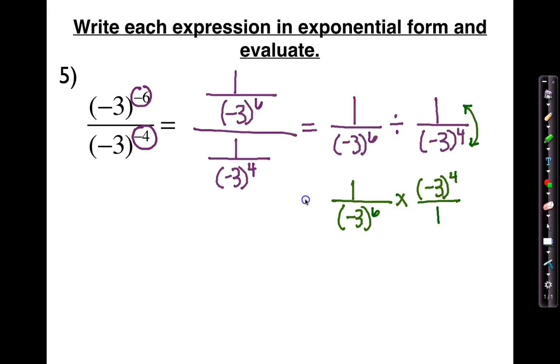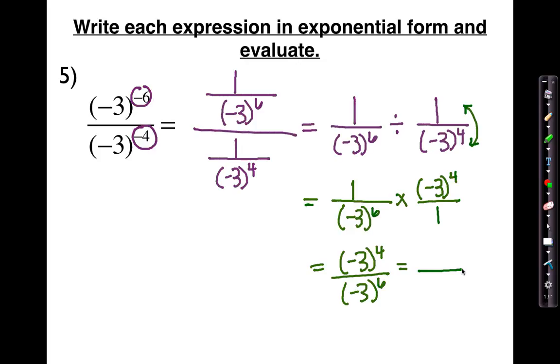So this is going to leave me with a total of -3 to the 4th over -3 raised to the 6th power. Again, you can extend this out completely and reduce as many -3's as you can, or you can start comparing. Where are there more -3's?